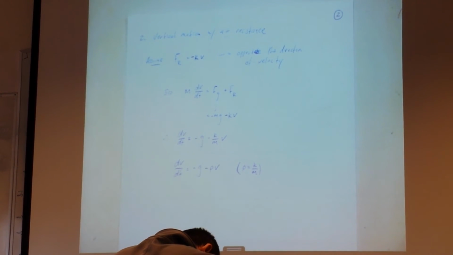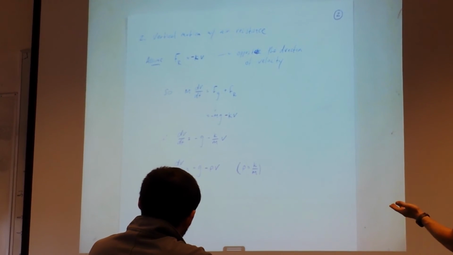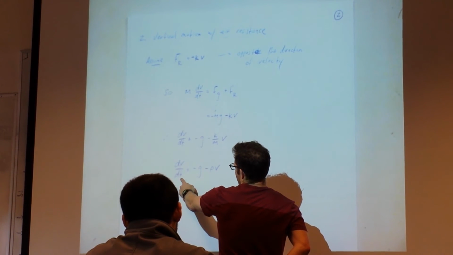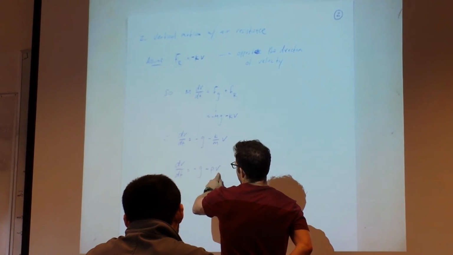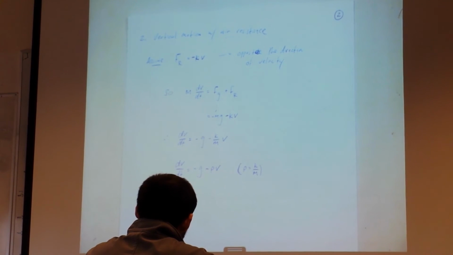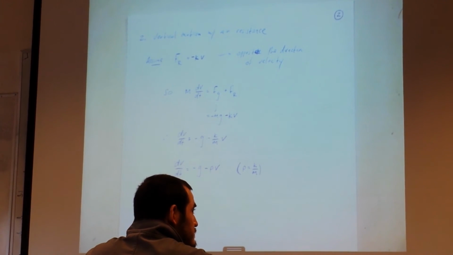All right? So that's a linear equation involving v, and notice the right side does not involve the independent variable time. So it's an autonomous equation, meaning regardless of the time, if I drop an object, wind resistance is going to act on it exactly the same, whether it's t equals 0 or t equals 10.